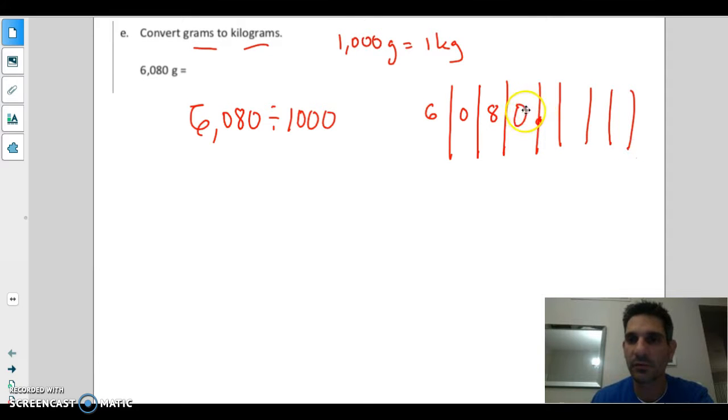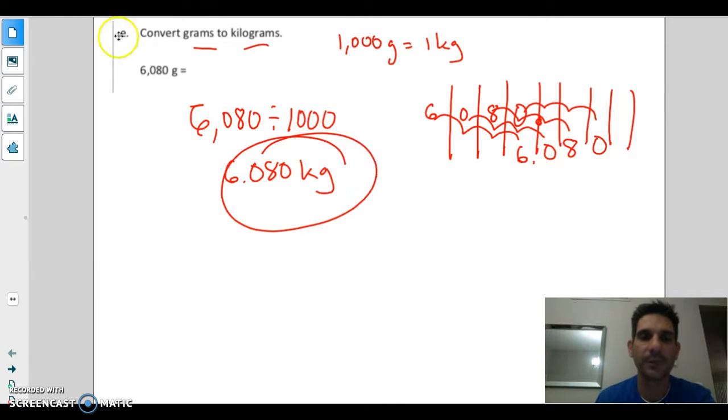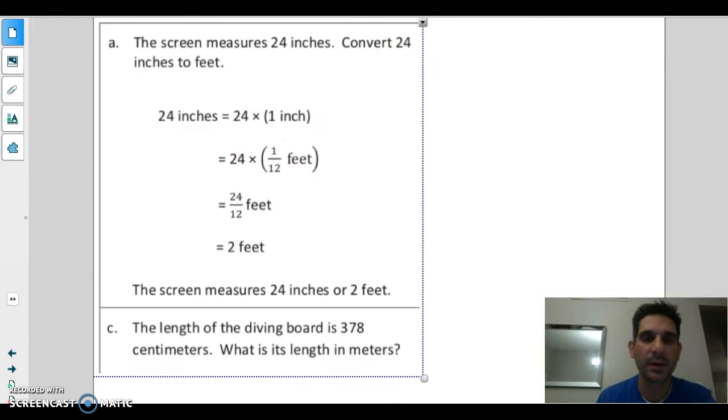Every digit is going to move 3 places over. 1, 2, 3. So it's really 6.080 kilograms. That's it, all right? And then let's go to the next page.